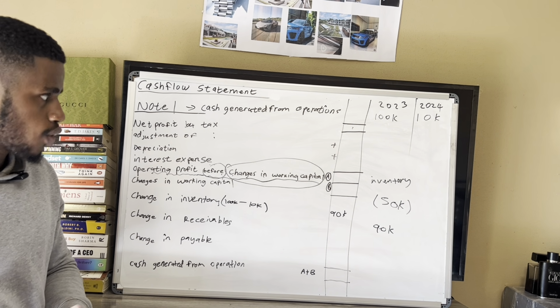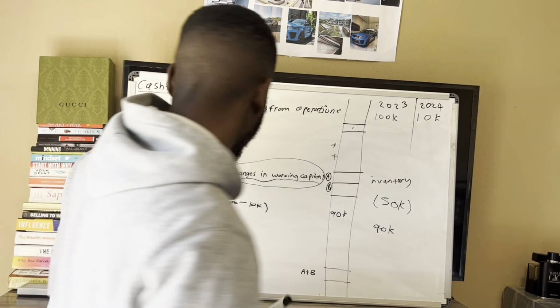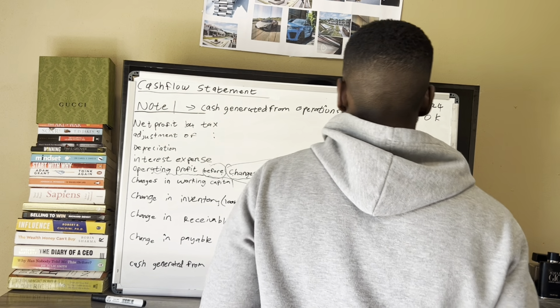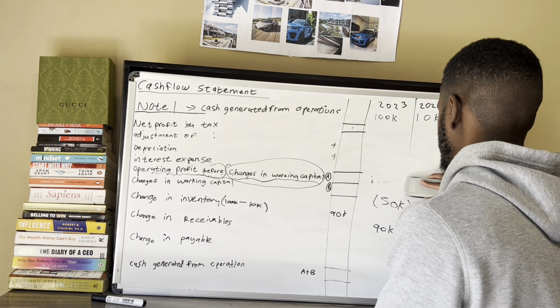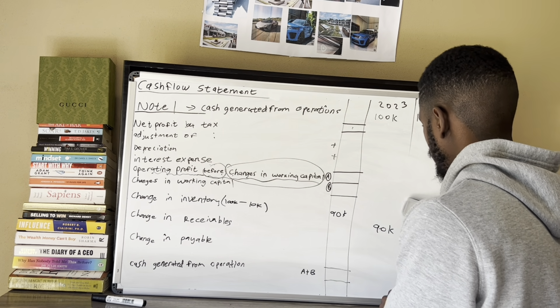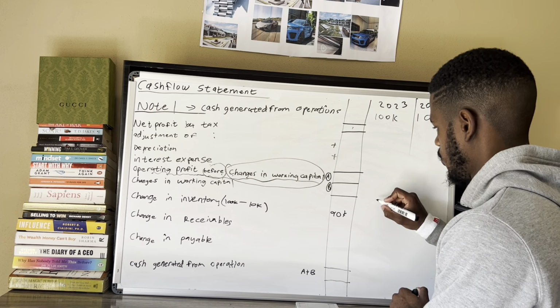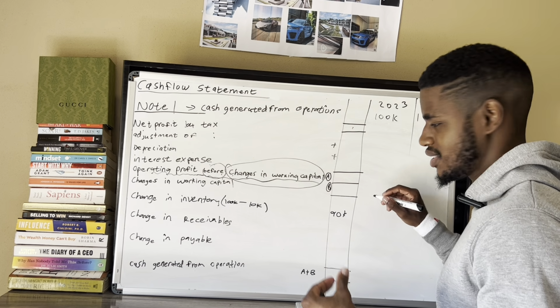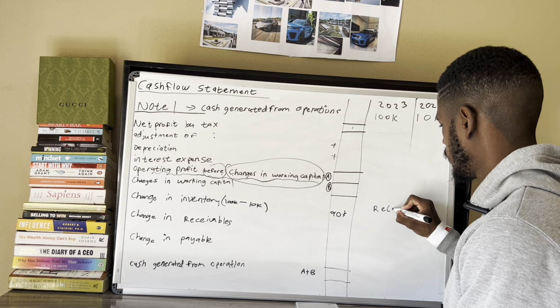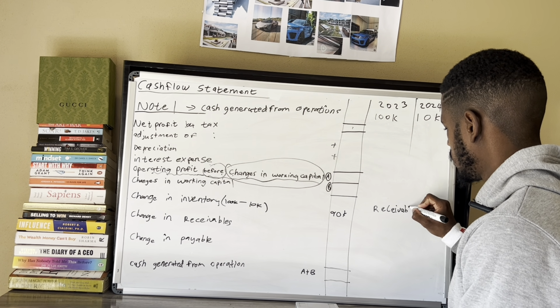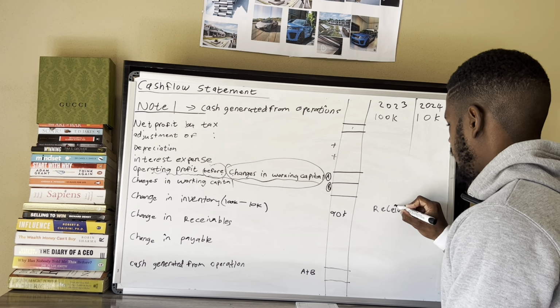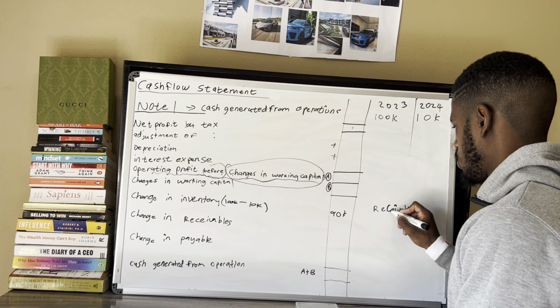Then moving on to our receivables. Now I said receivables are the people that owe us money, our debtors. These are debtors. Receivables. We are still waiting to receive these amounts. Remember, you have to refer to your balance sheets when it comes to receivables.